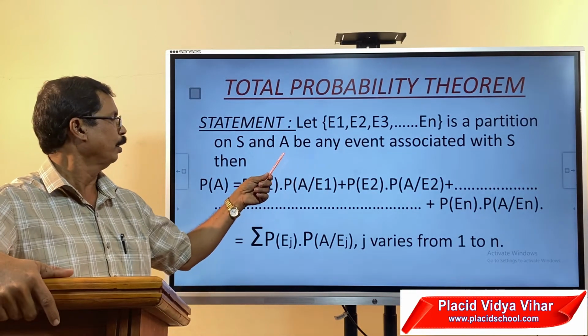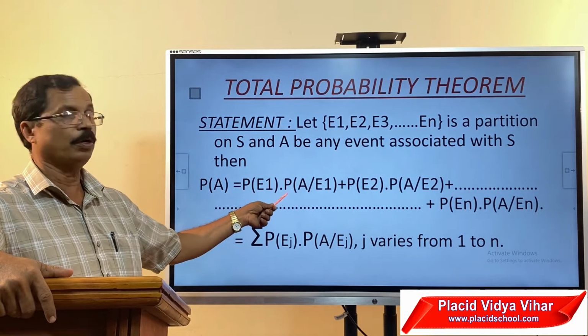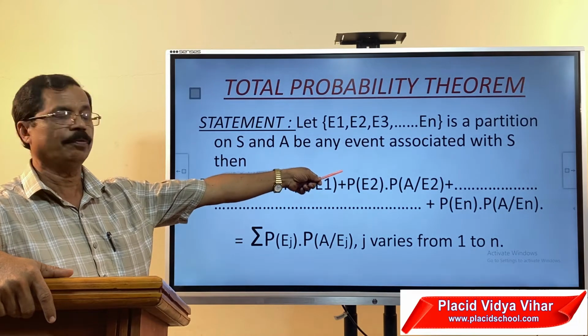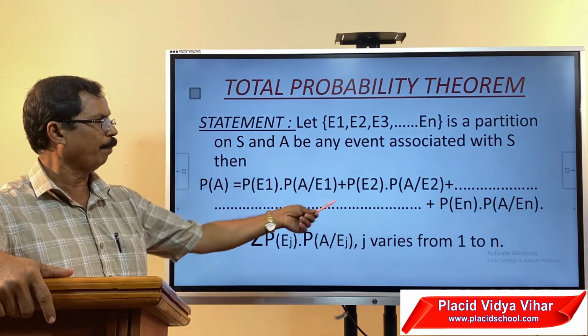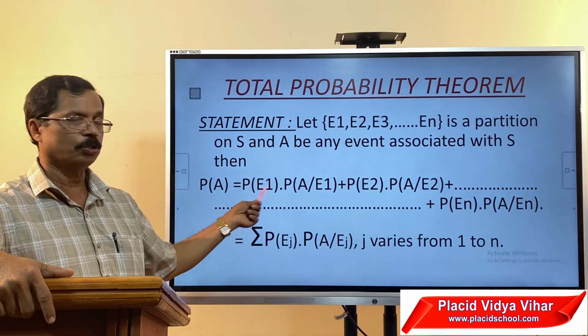We can prove that probability of A is equal to P of E1 into P of A given E1, plus P of E2 into P of A given E2, plus etc., plus P of En into P of A given En. Once again, you go through this.